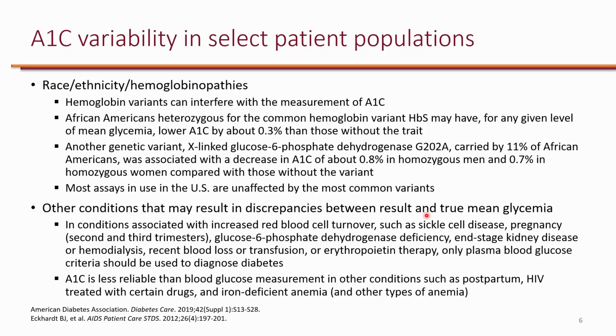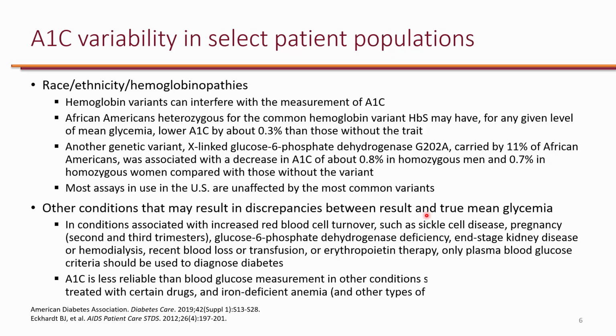For example, one study showed that HIV patients who were receiving NNRTIs, in those patients, A1C actually underestimated the level of glycemia, whereas patients who were receiving HIV protease inhibitors, A1C actually overestimated the level of glycemia. So A1C is not the best in those patients.